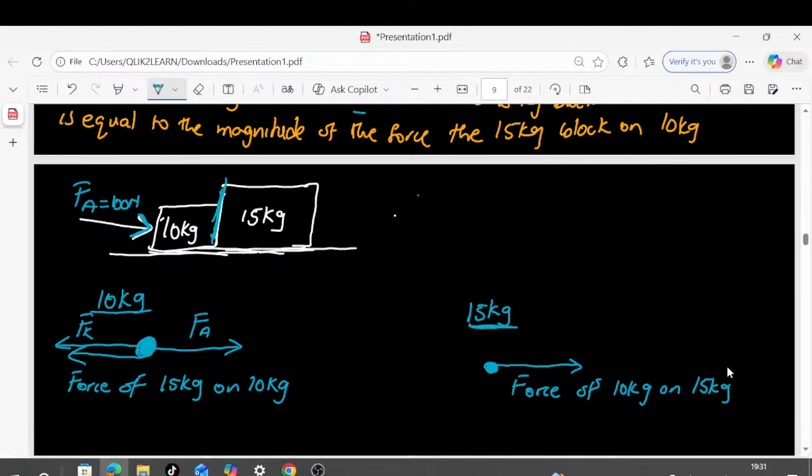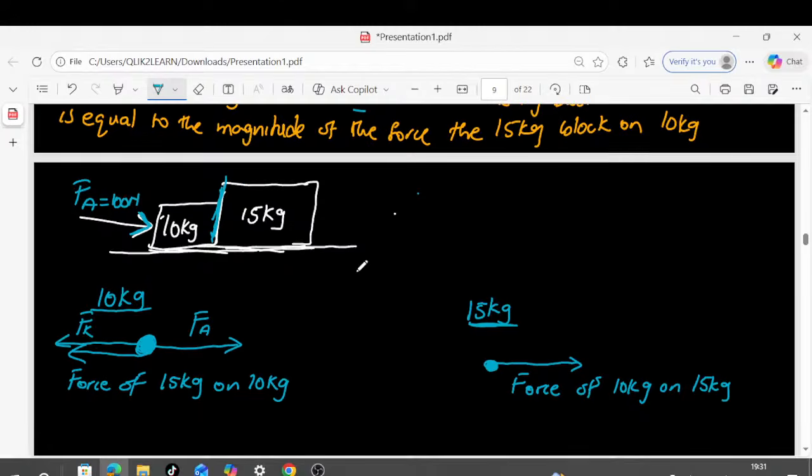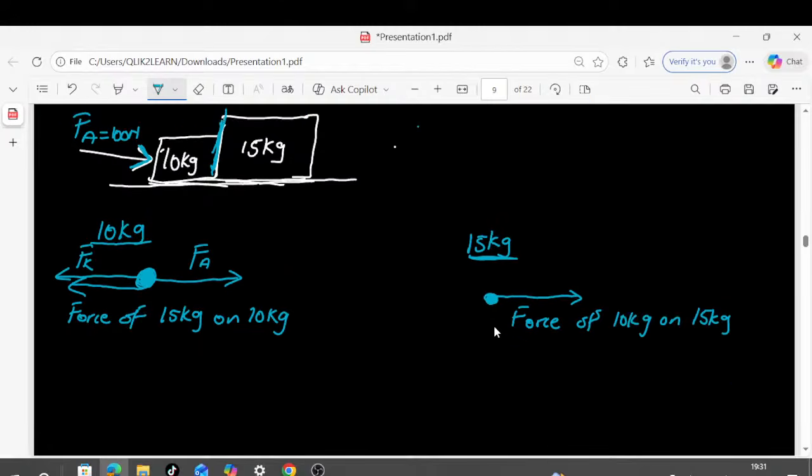You are ready. Trust me. I just want you to understand what I'm currently explaining. So now, the 15 kg block will experience a frictional force that is opposing the motion. So this will be my Fk. I hope you guys understand.